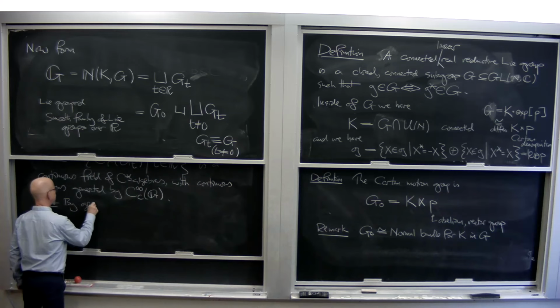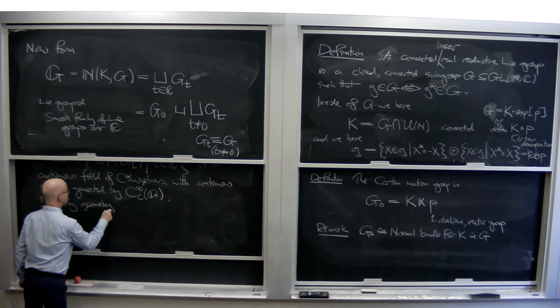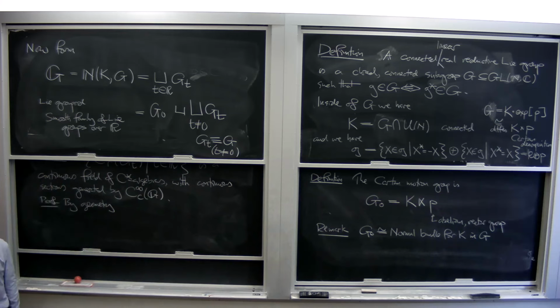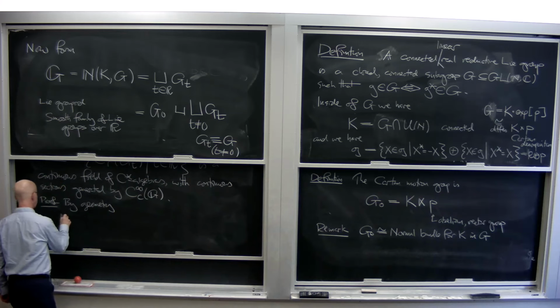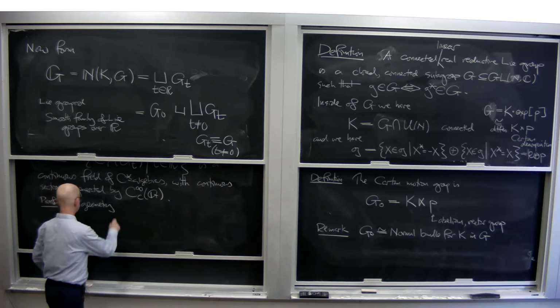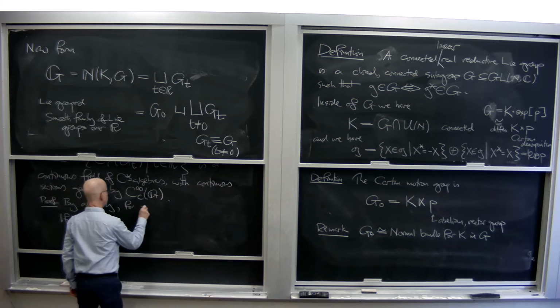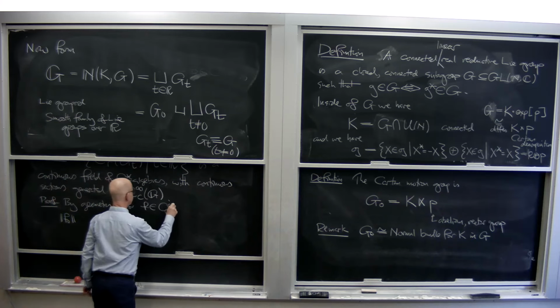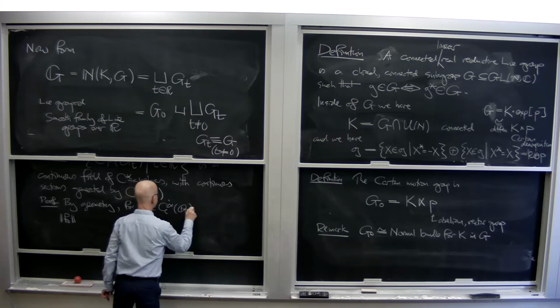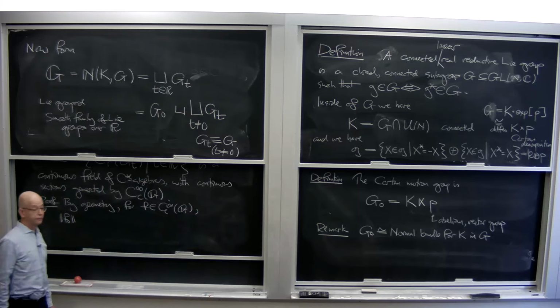So there are two things to prove, one of which is very, very easy. Suppose you have one of these f's, which is in C_c infinity of big G, and you restrict it to each t to get an f_t.